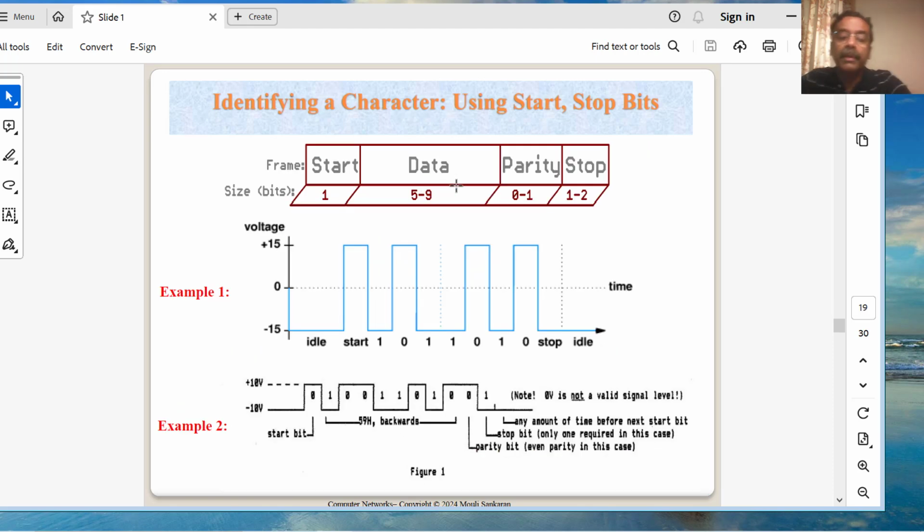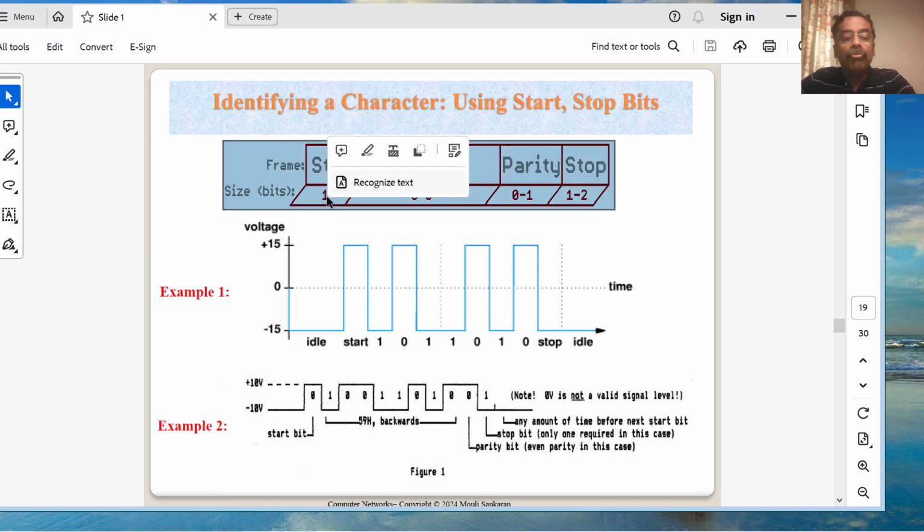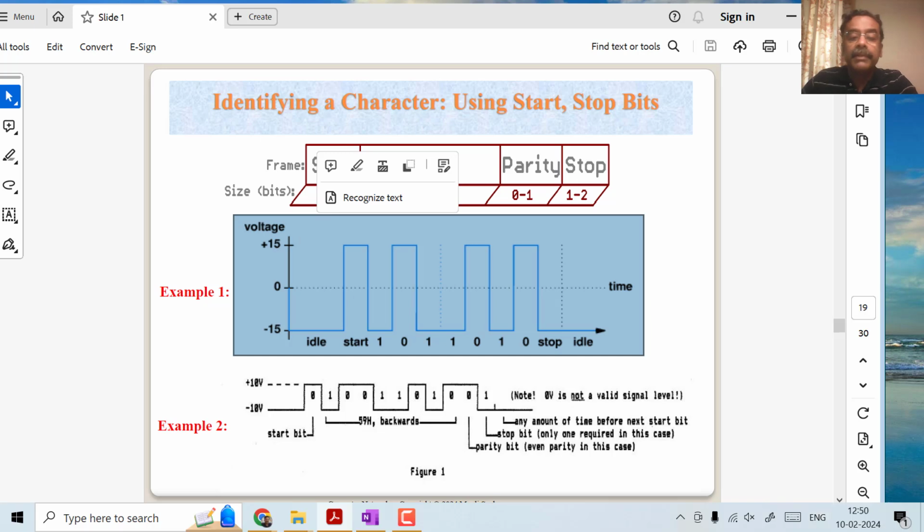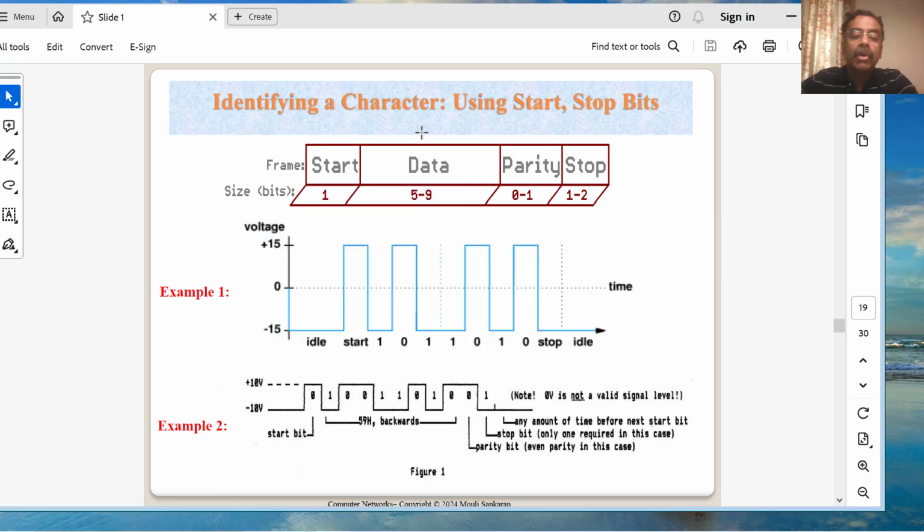This is the most important part of this encoding of RS232. Now, what is this start? Start is the first bit, and it needs to be there always. It is 1 bit, which means that needs to be there. And then the data could be 5 to 9 bits.